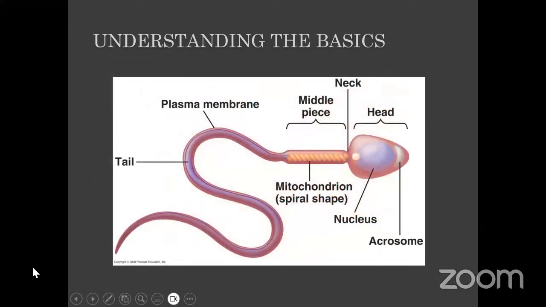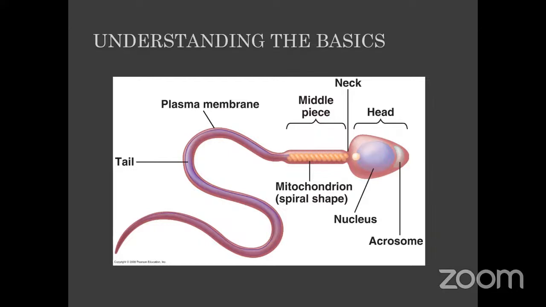So how does a sperm individually look? Now, a sperm is one of the smallest cells that the human body can produce. If you look at it under a very high power microscope, it looks something like a little tadpole. So what it has is a head, a neck, a midpiece, and a tail. The head contains the nucleus that is going to code for the genetic material of the baby.